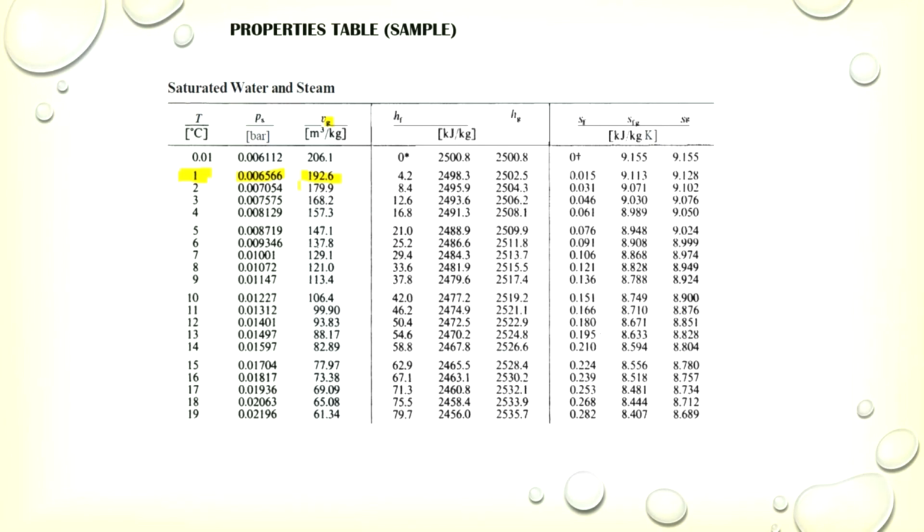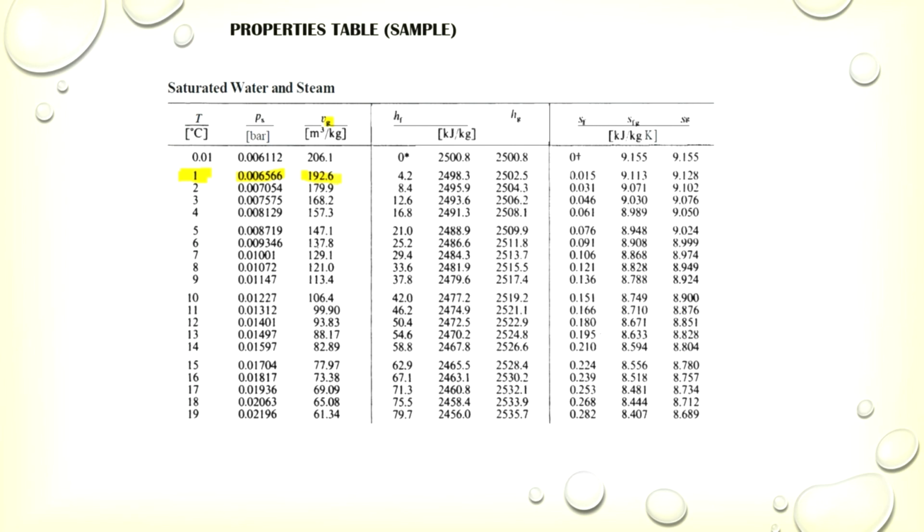At this stage, you have to know the dryness fraction. If I give you 200, which is more than this Vg, then the steam will be superheated. If I give you 192.6 at this pressure and this temperature, then the substance will be dry saturated.